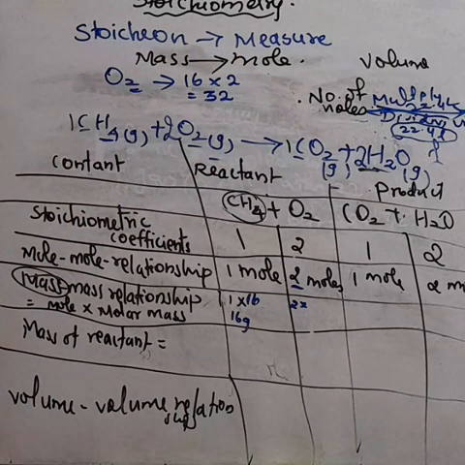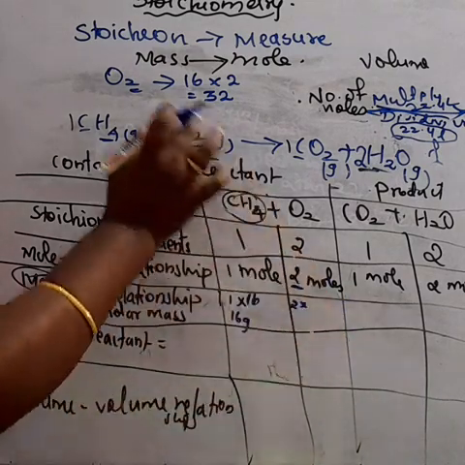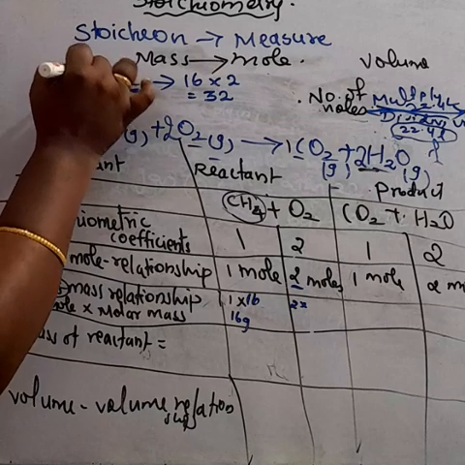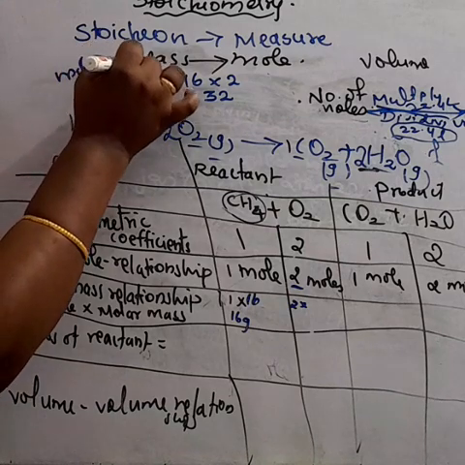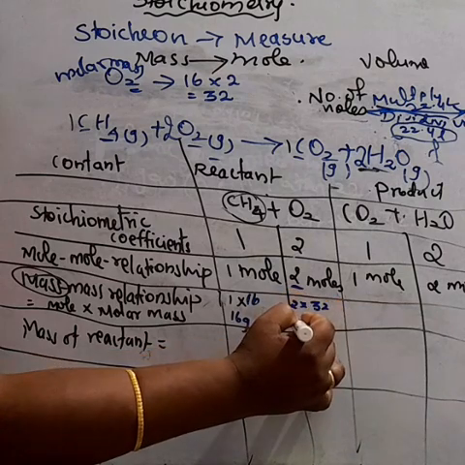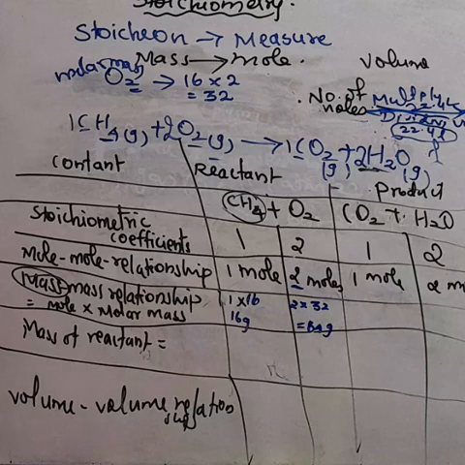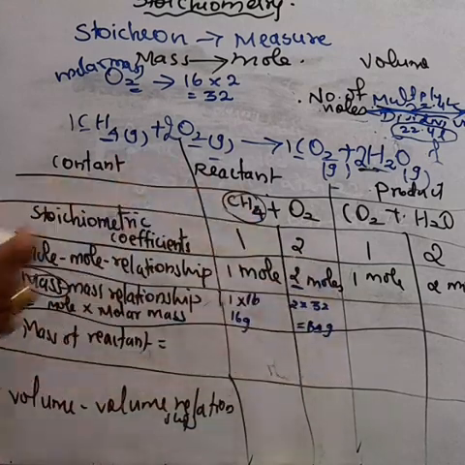Understood? So mass is equal to number of moles into molar mass: 2 into 32 is 64. So 16 gram of methane reacts with 64 grams of oxygen.